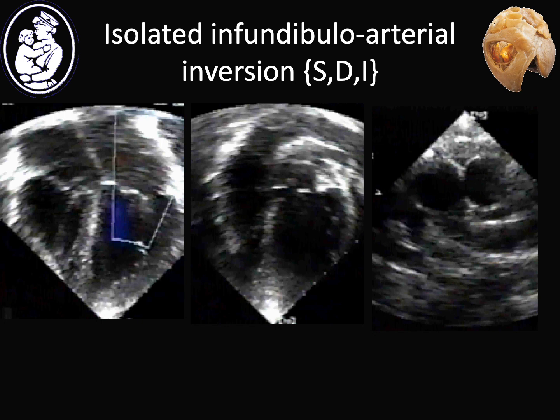Playing the echocardiogram shows normal flow from left atrium to left ventricle and right atrium to right ventricle. Scanning inferiorly shows the inferior vena cava and coronary sinus.